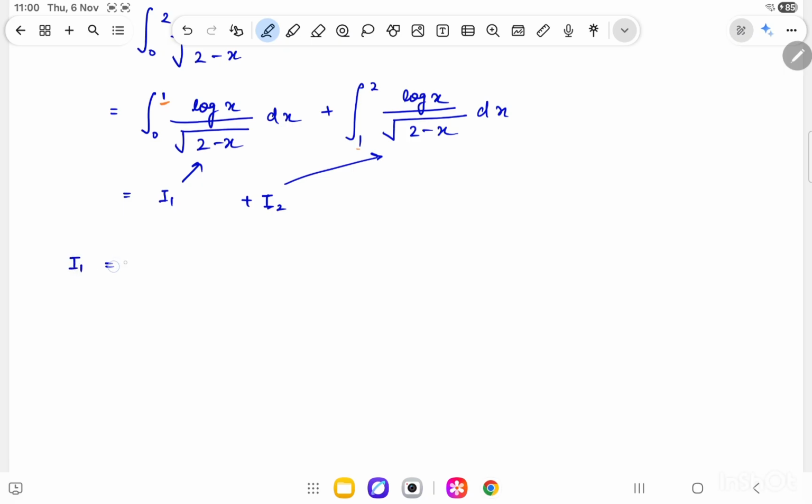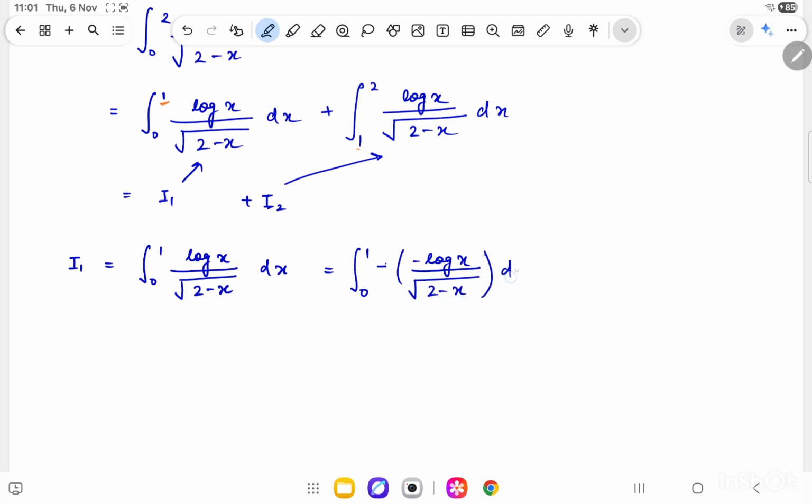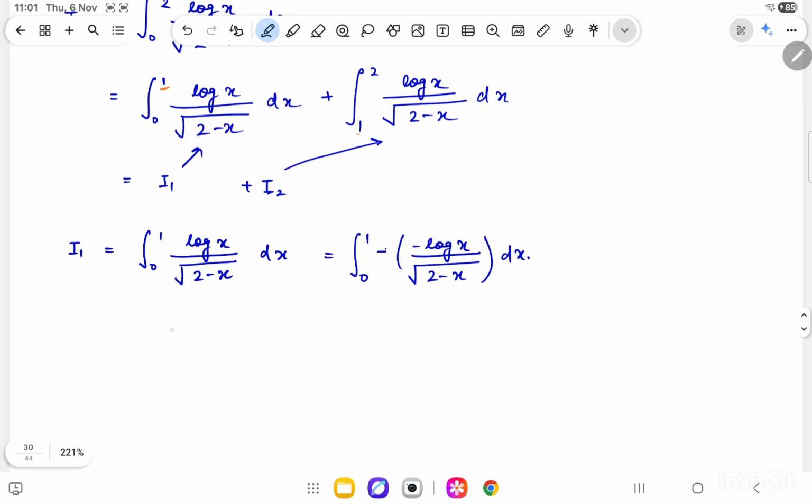Now my I1 is integration from 0 to 1 of log x divided by square root of 2 minus x dx. I can write it as integration from 0 to 1 of minus of f(x) dx, where f(x) equals minus log x divided by square root of 2 minus x.